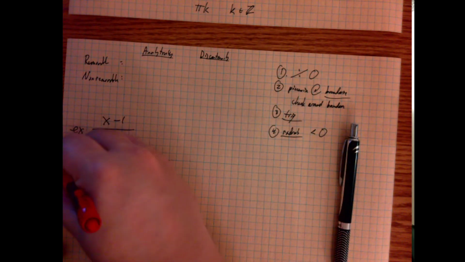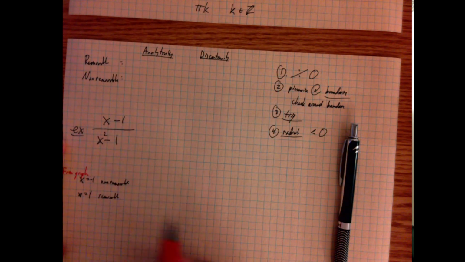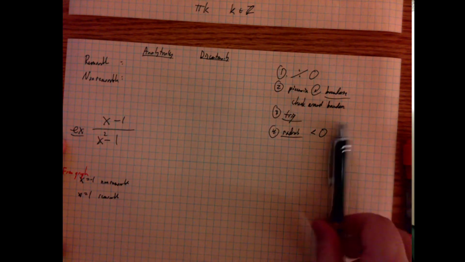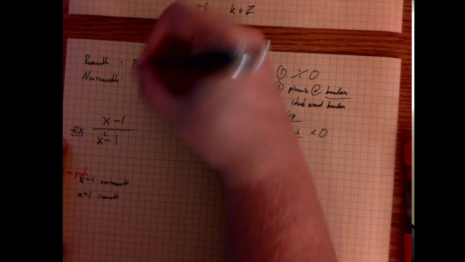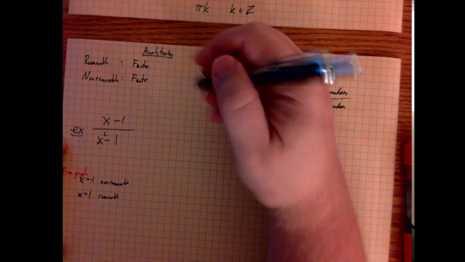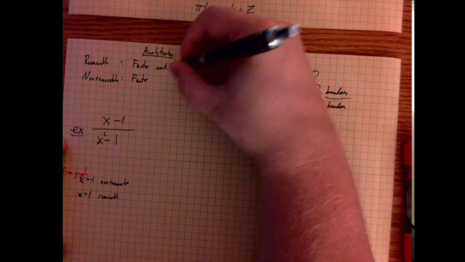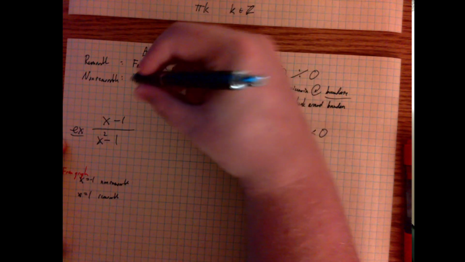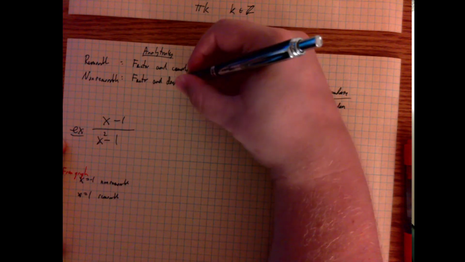And this is from the graph. How can we get that from this equation? It's actually pretty simple. We factor. In this case, it's removable if it factors and cancels. It's non-removable if it factors and does not cancel.